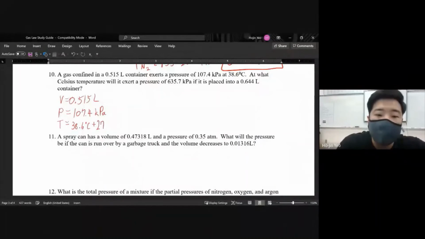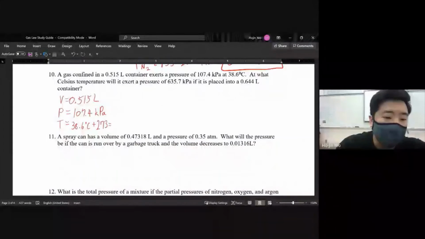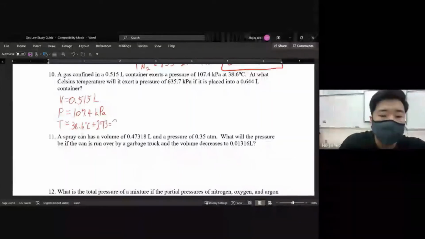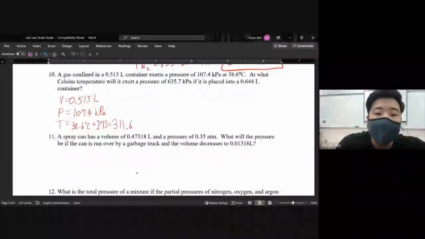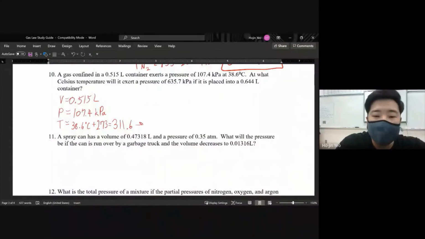But remember, we cannot leave the temperature as Celsius, so we're going to convert that into Kelvin, which is 311.6. But remember, sig fig wise, the sig fig is based on the decimal places when you're adding or subtracting. So in this case, the right sig fig would be 312 Kelvin.